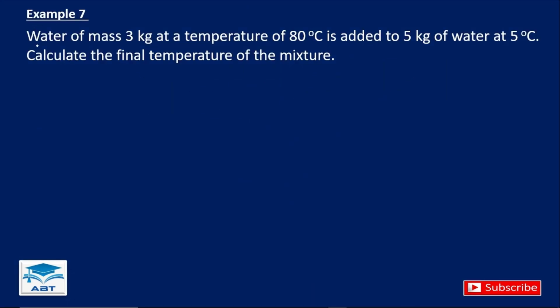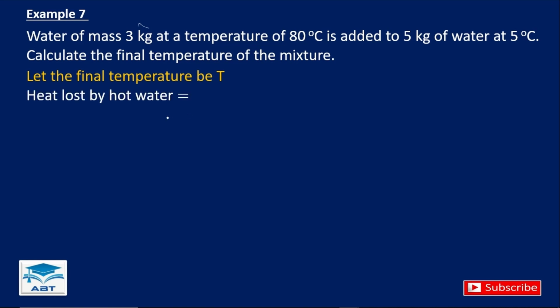Example 7. Water of mass 3 kilograms at a temperature of 80 degrees Celsius is added to 5 kilograms of water at 5 degrees Celsius. Calculate the final temperature of the mixture. Let the final temperature be T. And according to the principle of method of mixtures, heat lost by hot water is equal to heat gained by cold water.